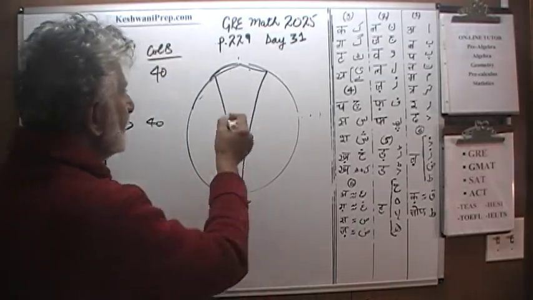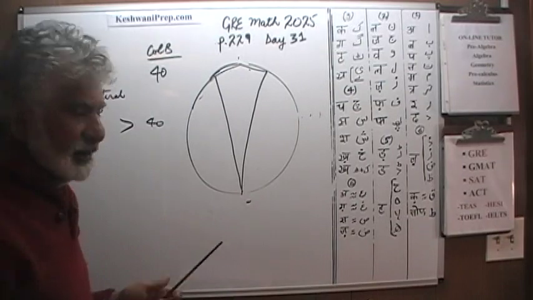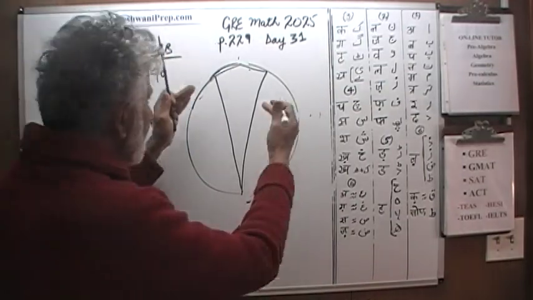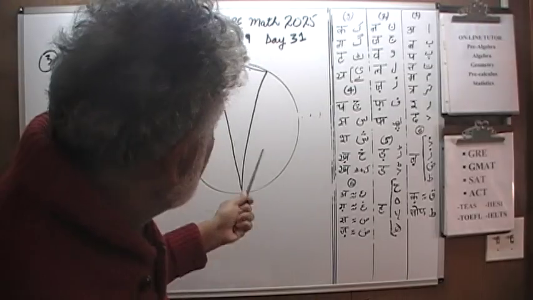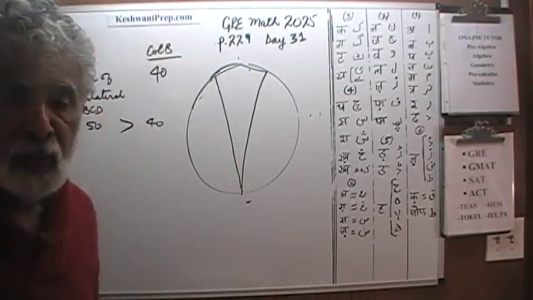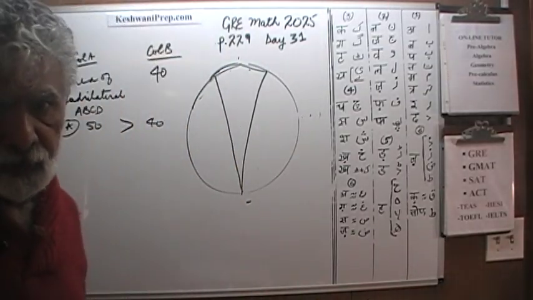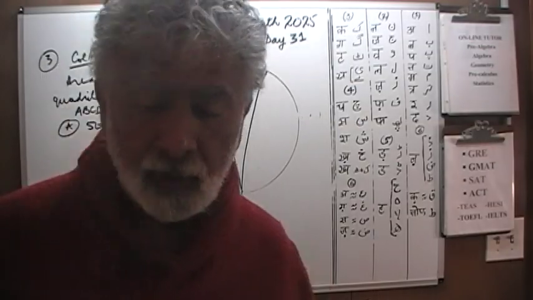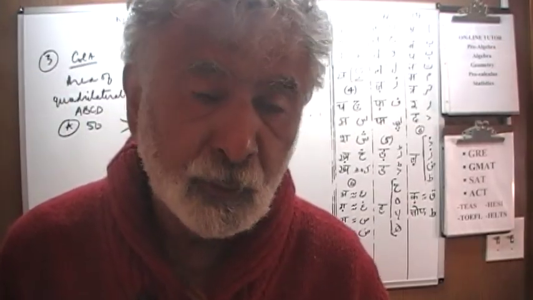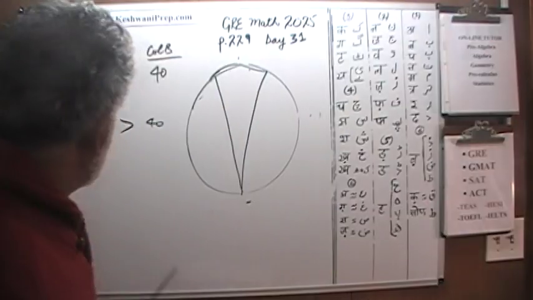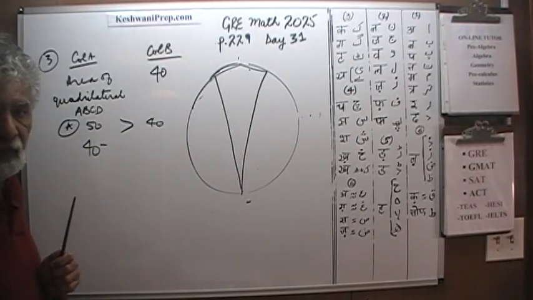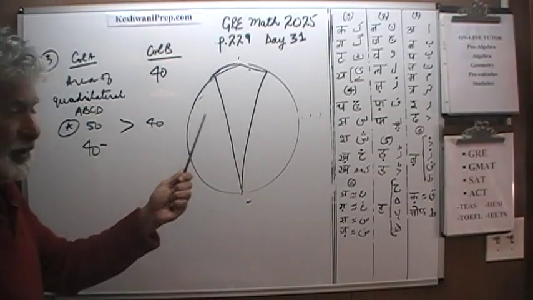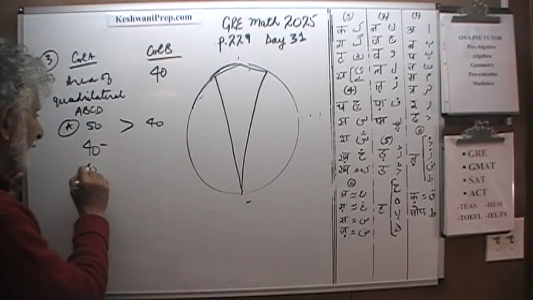In which case, the area of this triangle, and of course you can bring it closer and closer and closer, asymptotically speaking, the area of this quadrilateral could approach very close to 0. It could be less than 50. It could be anything less than 50. Or if you're clever enough and draw it in such a way, it could be exactly equal to 50.